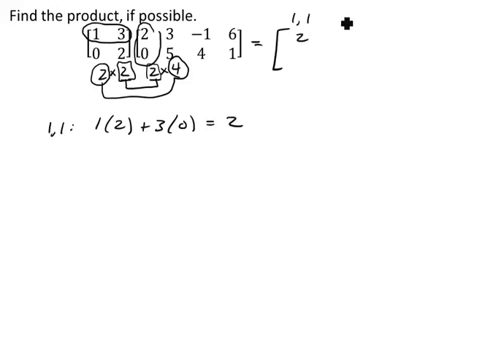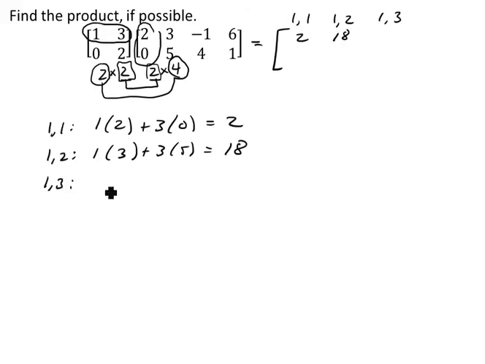Now we'll go ahead and stay in the first row and move on to the second column. So I've used the first row of the first matrix and the second column of the second matrix. So I get 1 times 3 plus 3 times 5. So that's 18. And then we'll move to the first row, third column entry.